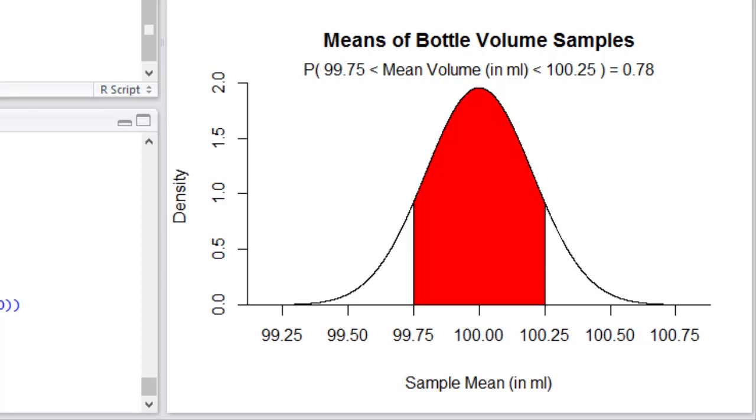Pretty cool, huh? We can use a uniform distribution of data and a normal distribution of means to calculate the probability where a sample mean might fall.